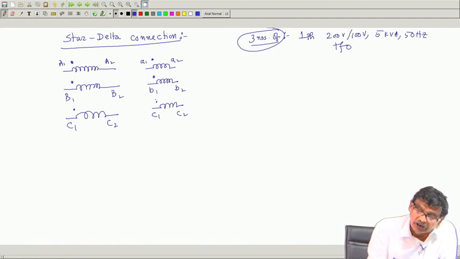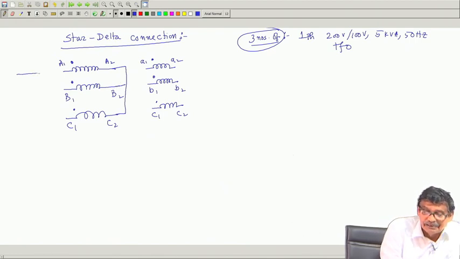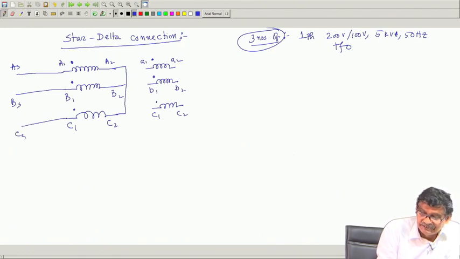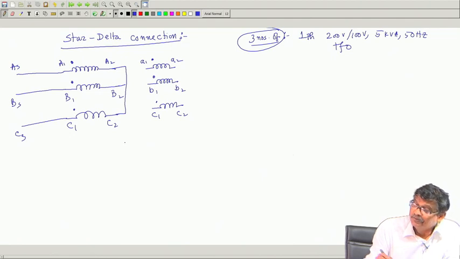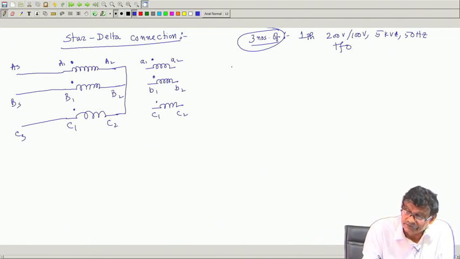Now suppose I connect them in star, proper star: A2, B2, C2, and here are my supply terminals AS, BS, CS. The phase sequence is ABC. Therefore, the primary voltages I can immediately draw.